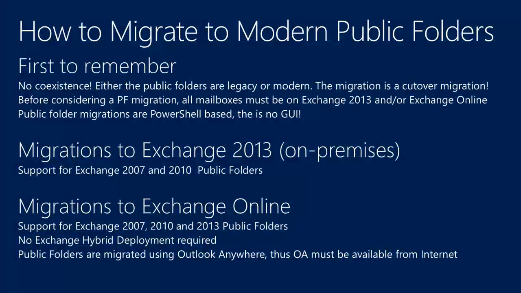The process uses Outlook Anywhere connections, so that must be working, but it should work because otherwise you're not able to move mailboxes between the premises. And that's how the public folders are fetched and migrated to Exchange Online modern public folders.